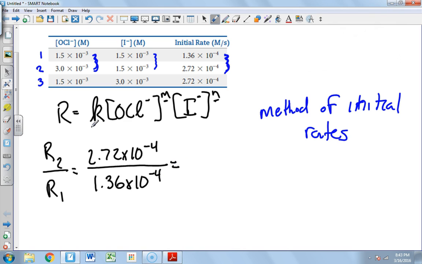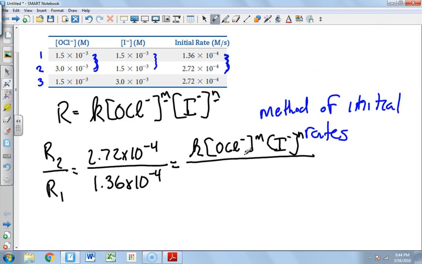That equals K times the concentration of OCl minus raised to the power m times I minus raised to the power n. That's for rate 2. Now for rate 1, it's the same thing: K times the concentration of OCl minus raised to the m times the concentration of I minus raised to the n.